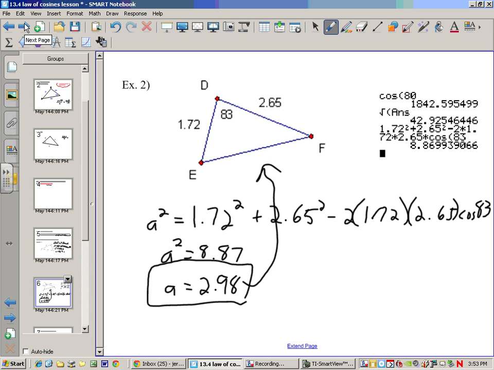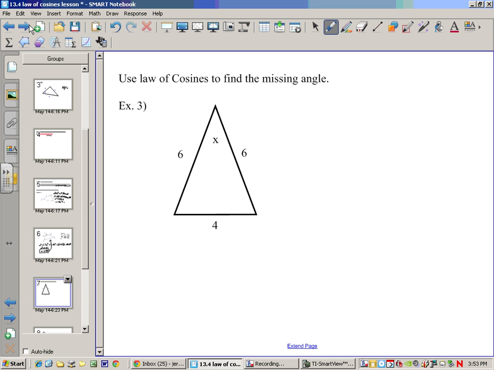All right, hopefully that's the answer you got. Now this one is a little bit different situation because we're looking for an angle. So let's plug in all of our information. So a squared is the number straight across, so that's going to be 4 squared is equal to 6 squared plus 6 squared minus 2 times a times b times the cosine of the angle in between.